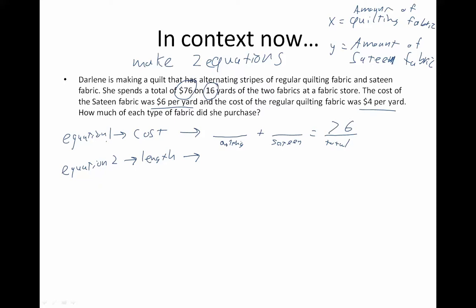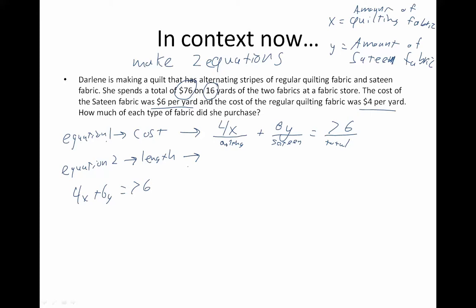The quilting fabric was $4 per yard, so since x is the amount that we don't know, it's 4 times x, plus the sateen fabric, which is 6 times y. So there's our first equation, 4x plus 6y equals 76. So I'm going to write that over here. 4x plus 6y equals 76.